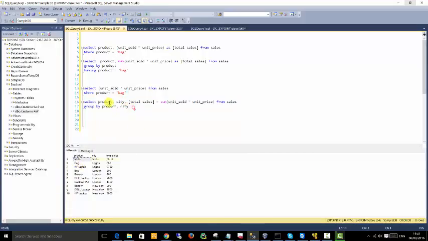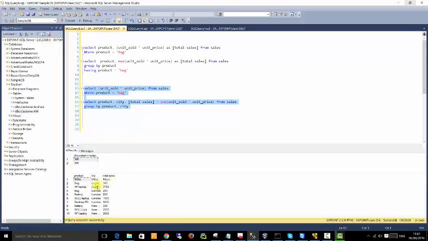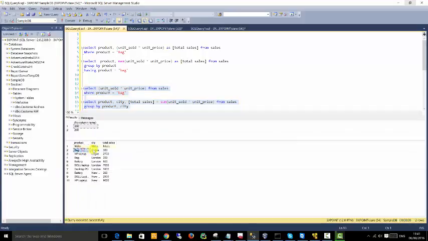If we look at the data again, you can see now that we don't have bag as a whole anymore. Now we have two bags. Before we had the summation of these two together, but now we have them separately. Why? Because now we have bags sold in Lagos, we have bags sold in London. So you can see the power of group by here.